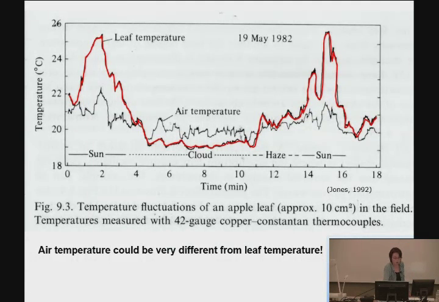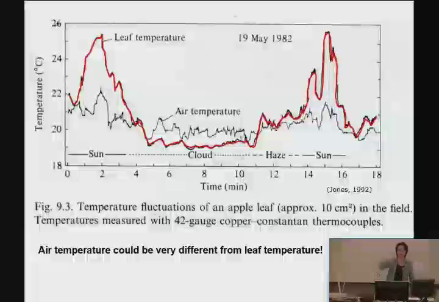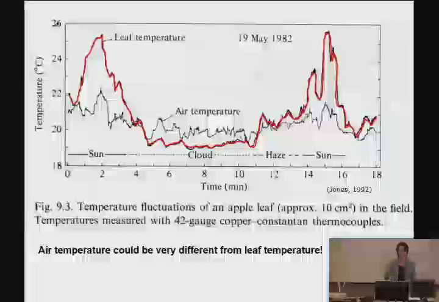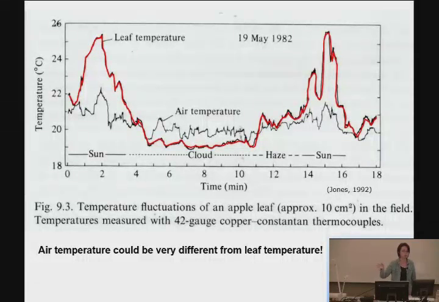Then as soon as the weather changes, maybe wind blowing and reducing the boundary layer, leaf temperature starts dropping even though it is still sunny. Then it enters cloudy conditions, and now air temperature is higher than leaf temperature, about 1 degree C in this case. Then it changes again depending on the conditions. So air temperature and leaf temperature are very different.